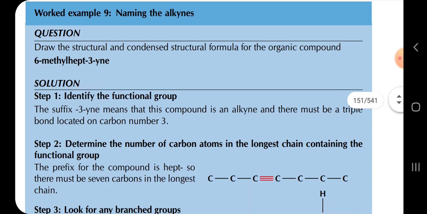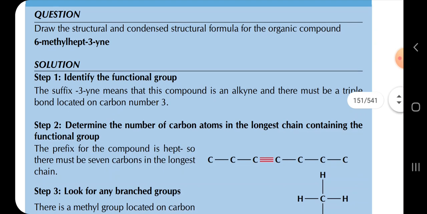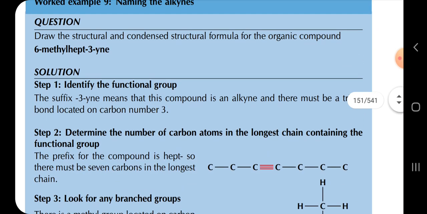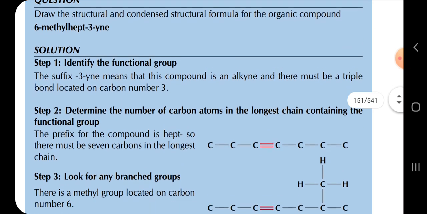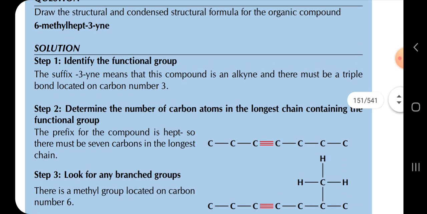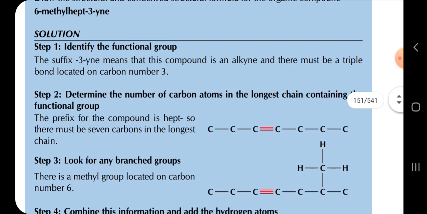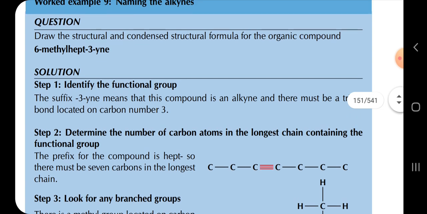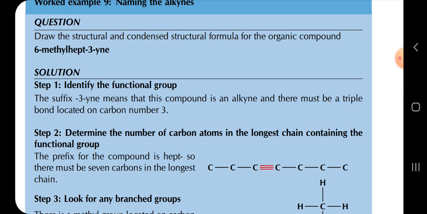So if you are given the name and asked how to draw, you are going to start with 6. So there is only one branch at number 6. By looking at the name, that's first 6. The branch is on the 6th carbon, and then you have 3 in the middle.